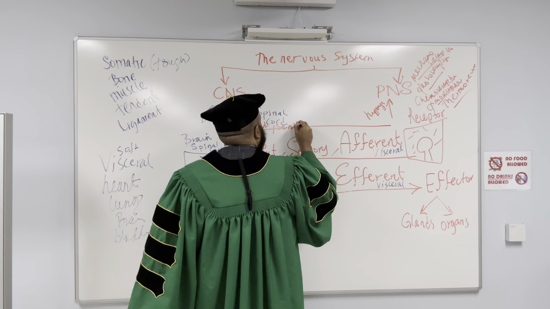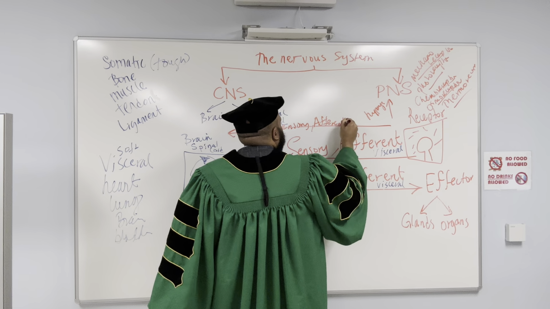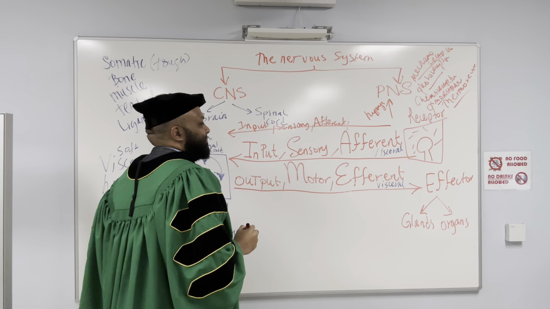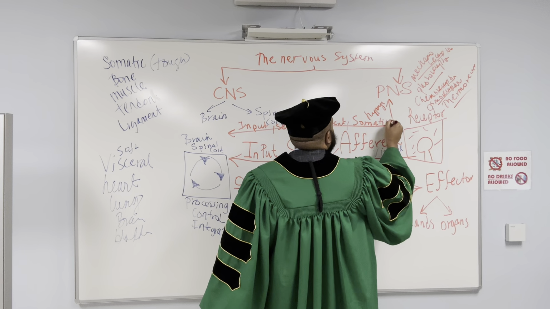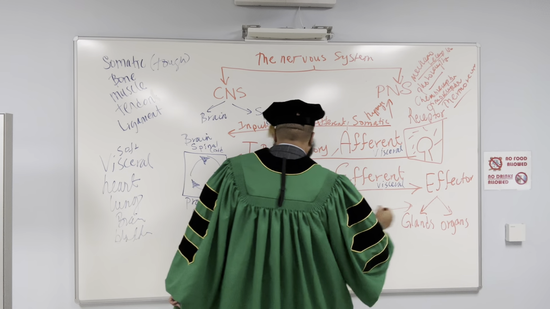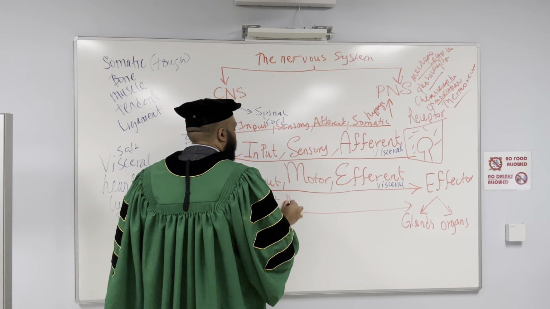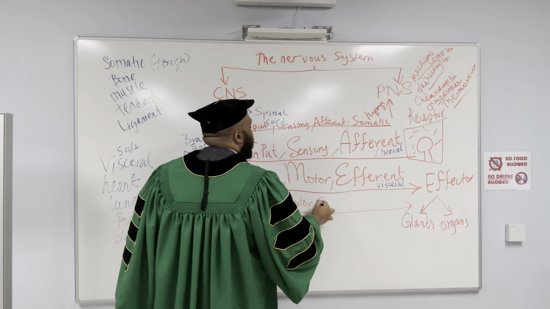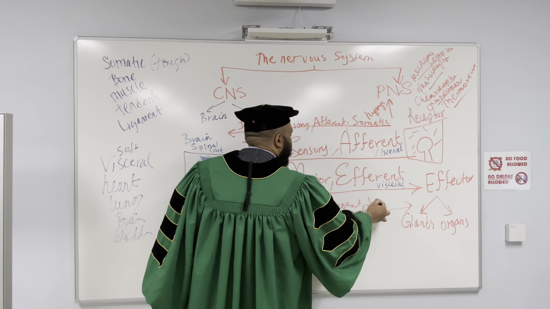And you have a separate line that is also input, sensory, afferent, and lastly, what is it? Somatic. And the output is going to be output, very good, output, motor, efferent, and somatic.